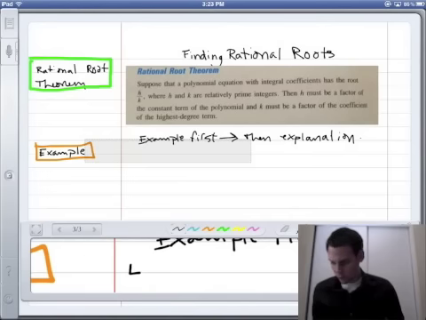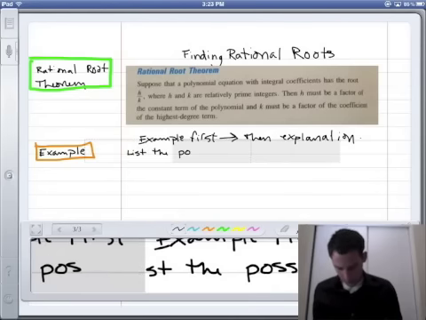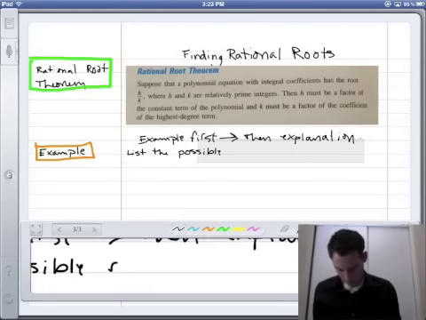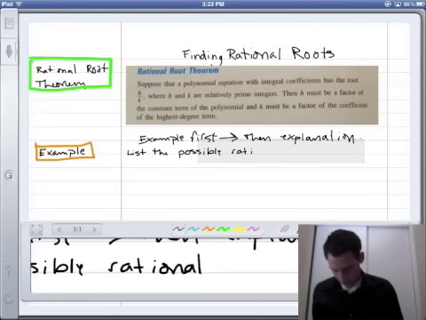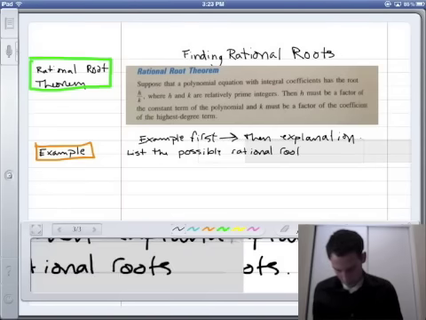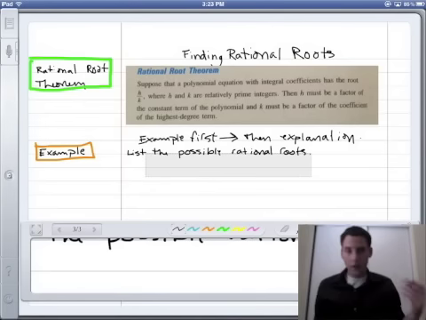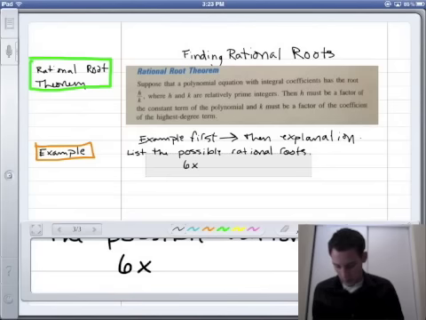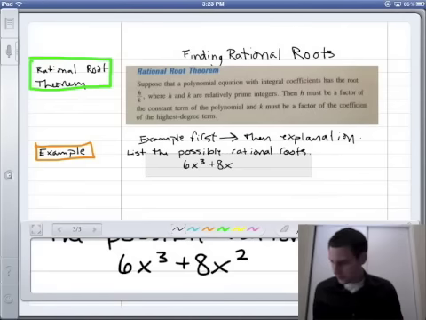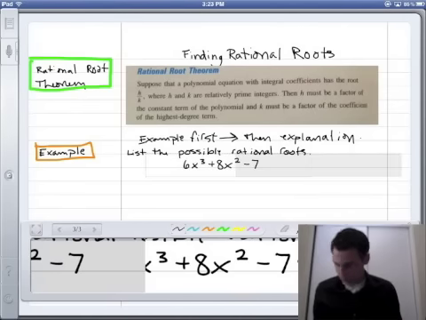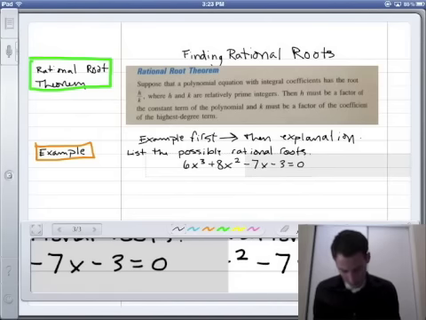List the possible rational roots. And then they'll give you an equation, and our polynomial equation will be 6x to the third plus 8x squared minus 7x minus 3 equals 0.